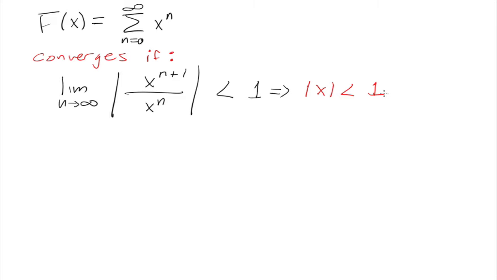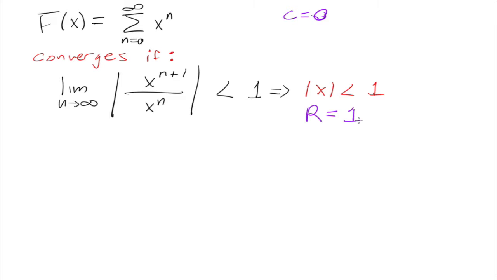So from this, what is my power series centered at? It's centered at 0, right? There's no number there, so it's just centered at 0, and it converges if the absolute value of x is less than 1. So what is my radius of convergence? That's equal to 1, right?